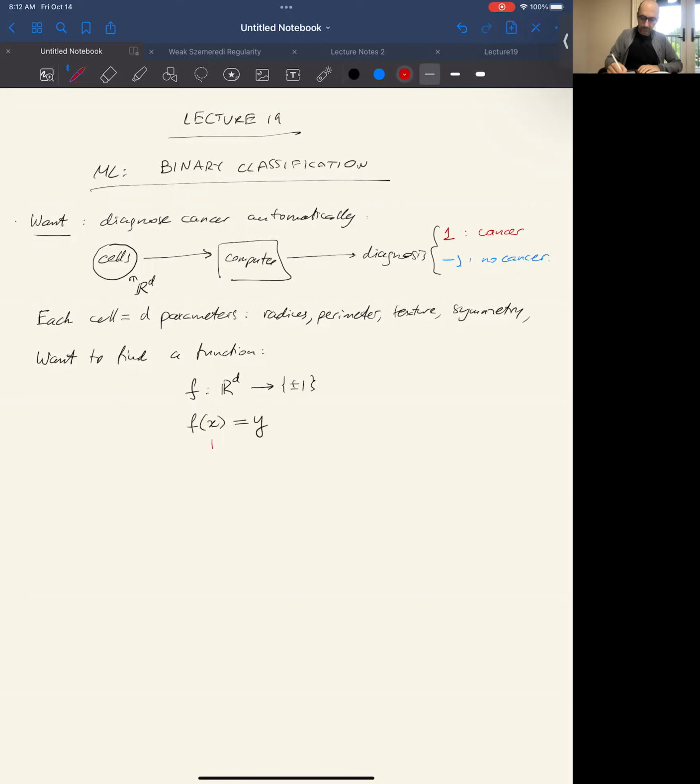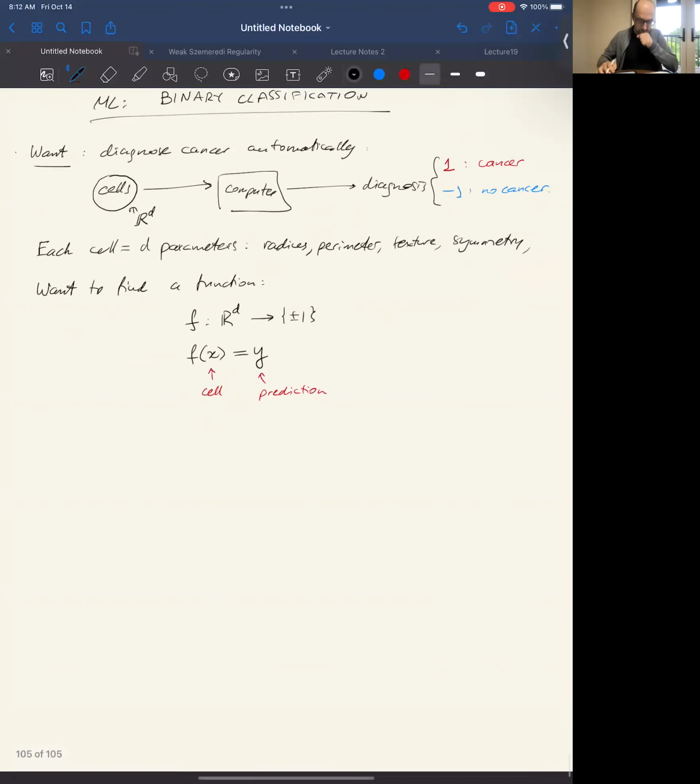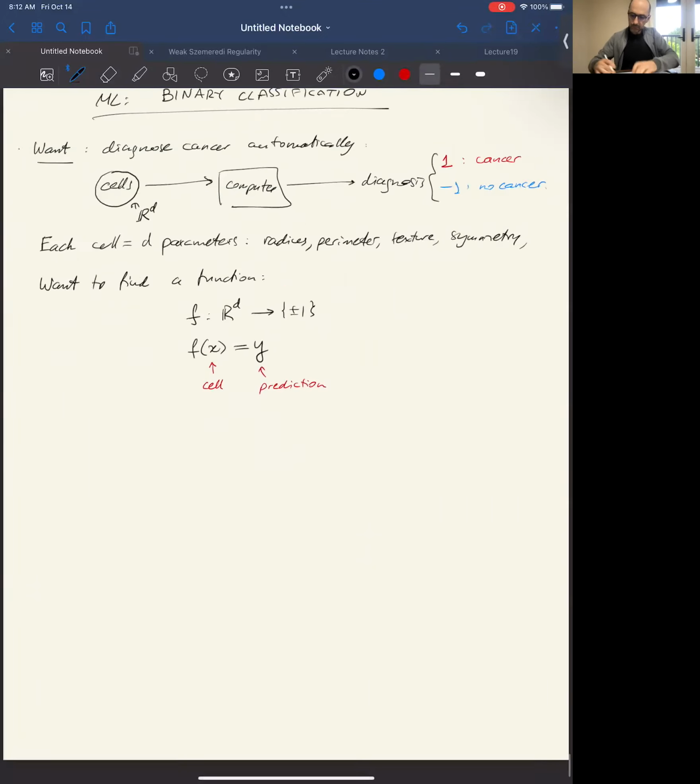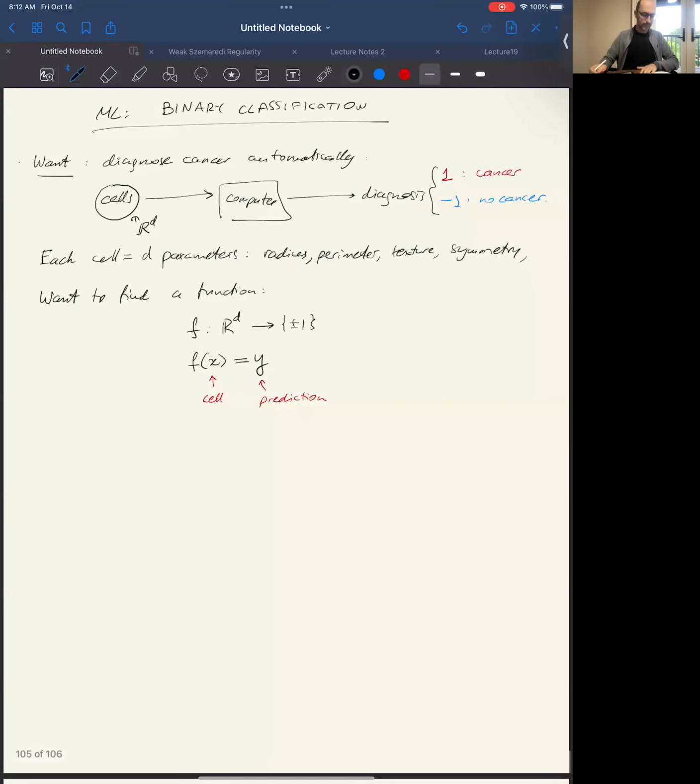So f of x equals y. So x is, again, the cell, and y is a diagnosis, the prediction in machine learning terminology. Okay. Good. Everything is good so far? All right. Problem clear. All right.